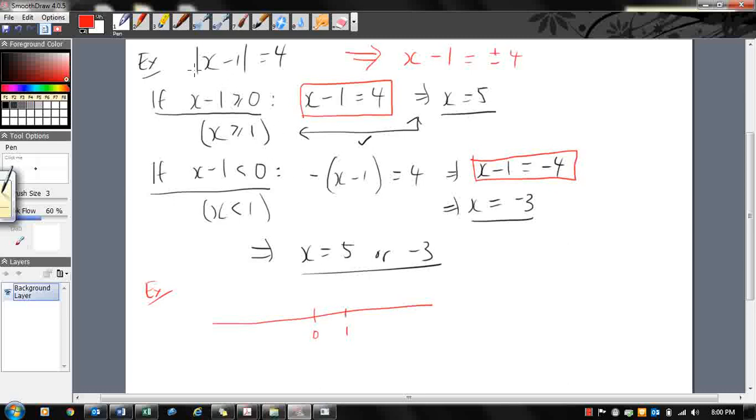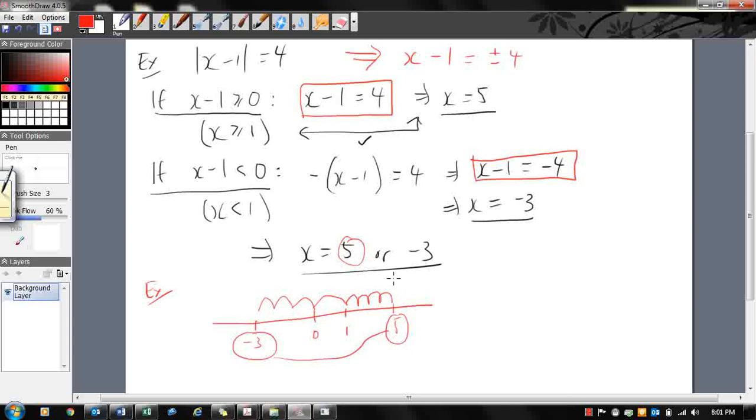The distance from some point x to the point 1 is 4. So which points are 4 away from positive 1? If we go 4 jumps this way, 1, 2, 3, 4, we get to 5. If we go 4 jumps the other way, 1, 2, 3, 4, then we have negative 3. So there are your two solutions.